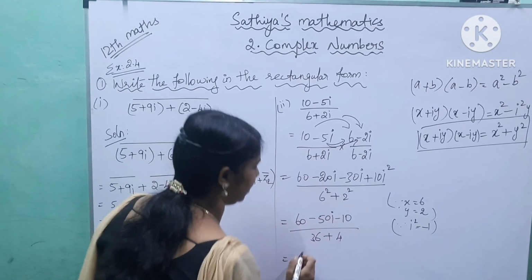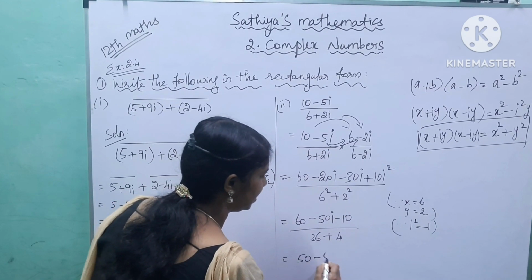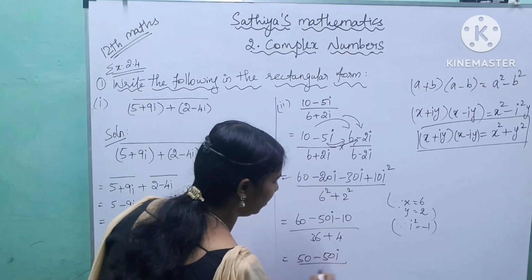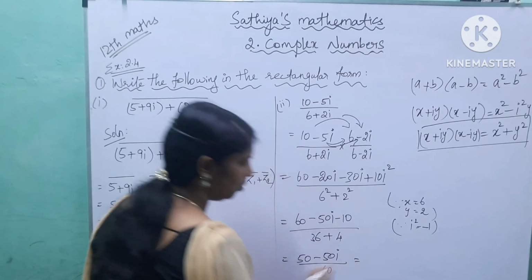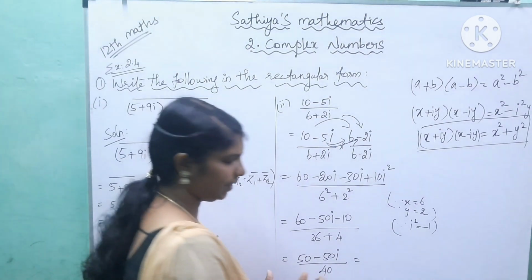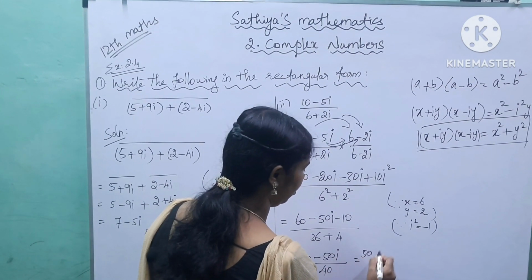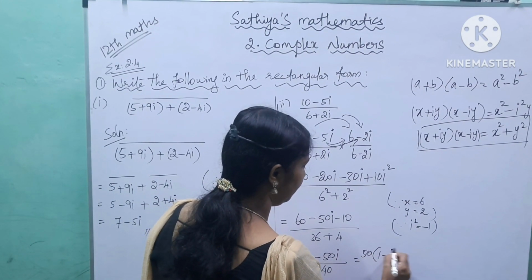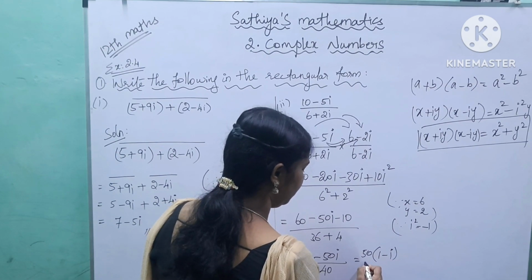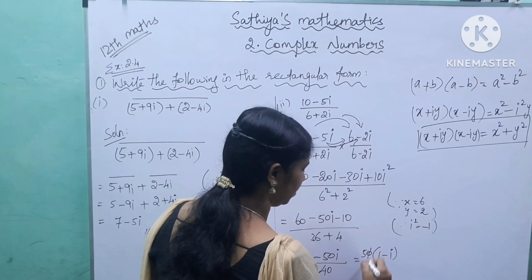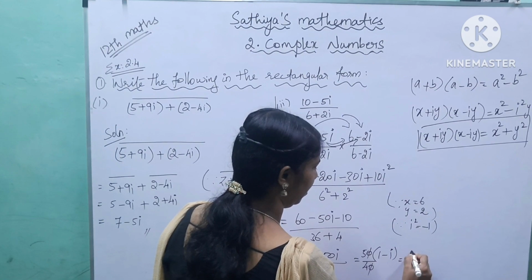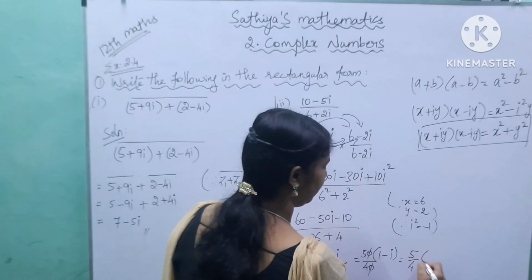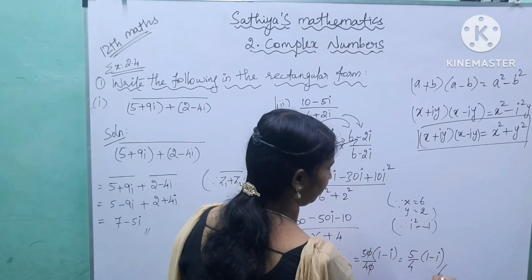So 60 minus 10 is 50, minus 50i, and the denominator is 40. From the numerator we can take 50 outside: 50 into 1 minus i, and the denominator 40. So 0 and 0 get cancelled. So the rectangular form is 5 by 4 into 1 minus i.